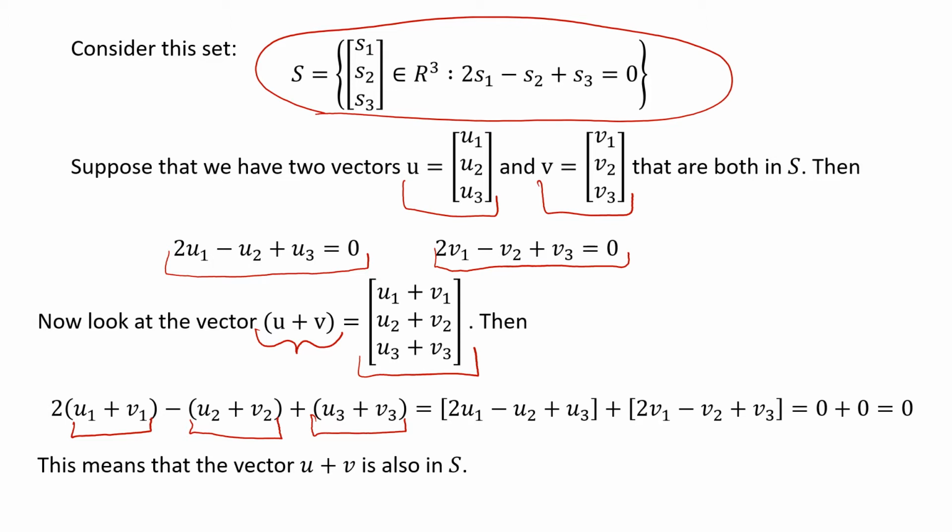You get 2u1 minus u2 plus u3 plus 2v1 minus v2 plus v3. We already said that the first part is equal to 0 and the second part is equal to 0, so the overall thing is equal to 0. This means that for the set S, if you take any two vectors in there and add them together, you get another vector that's in there. You can't get out of this set by adding vectors together.